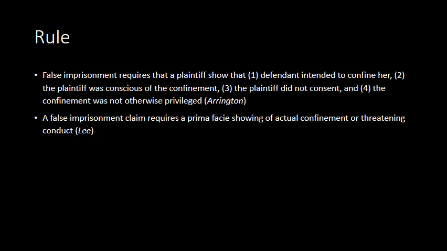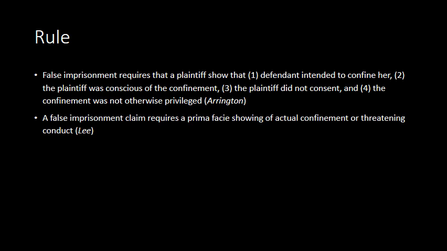The next step is to articulate the rule of law. The rule of law we're using here, again, comes from the cases we read in the initial writing assessment. So we know from there that false imprisonment requires that a plaintiff show four things. One, that the defendant intended to confine her. Two, that the plaintiff was conscious of the confinement.